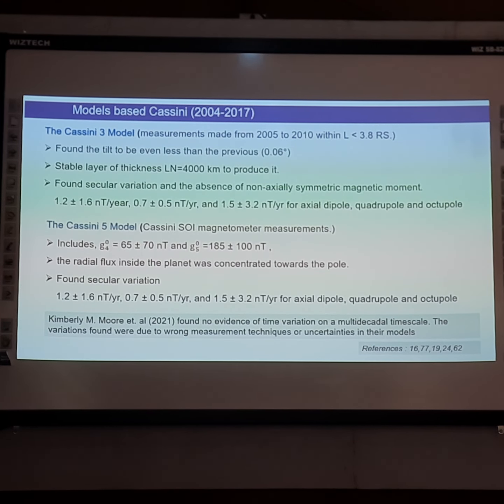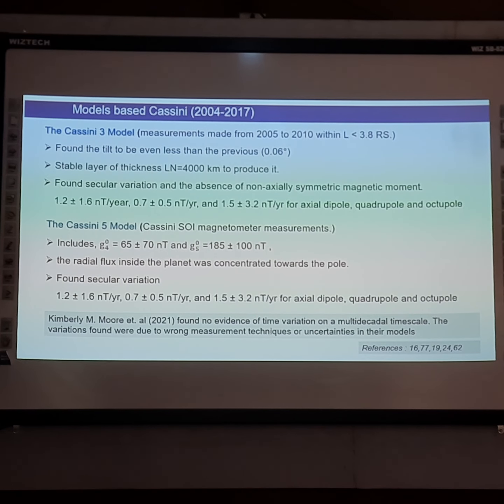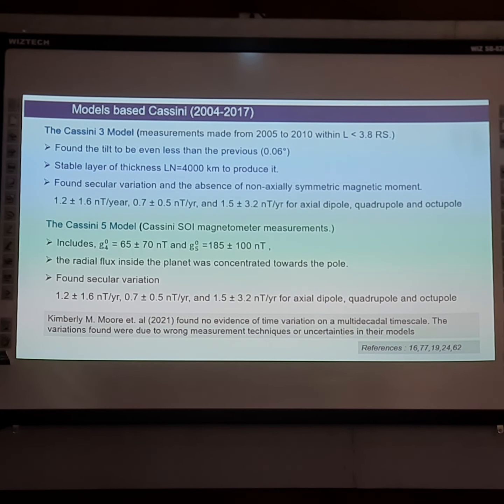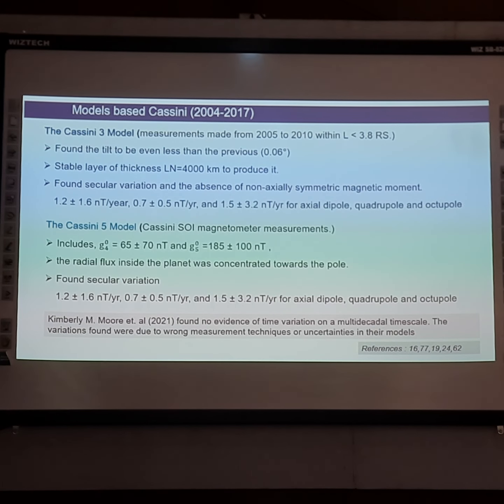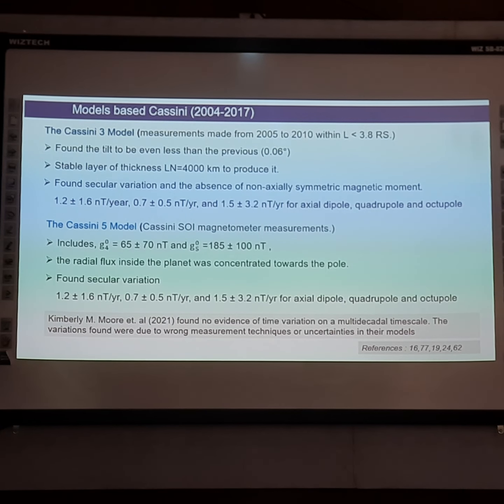And here it says Cassini 3 and 5 show there is indeed variation. Within the 32 years, there was a variation in the magnetic field. The value, of course, is very small, only 1.2 nanotesla per year. It changed a little bit, but the magnetic field changes.